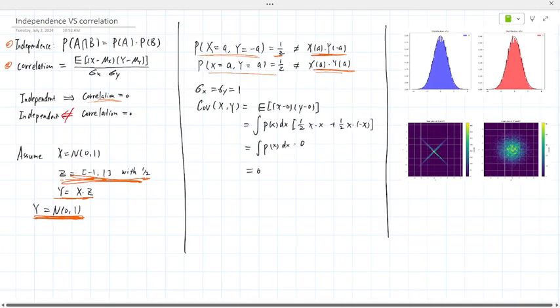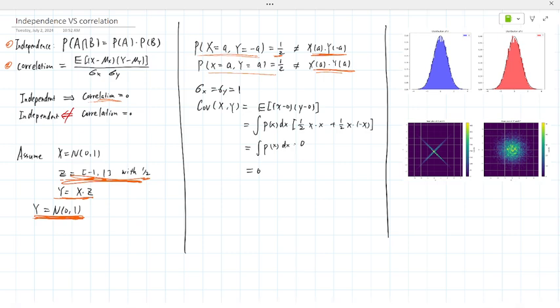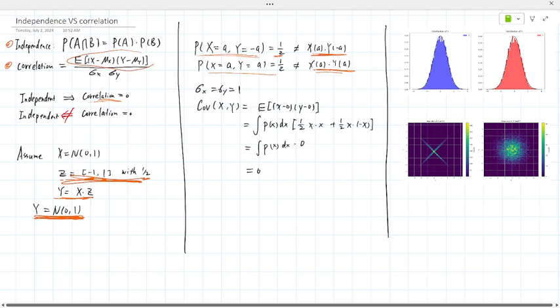However, if we inspect the correlation, the standard deviation is 1. The covariance is the expectation of x minus the mean, which is 0, times y minus its mean, which is 0 as well.